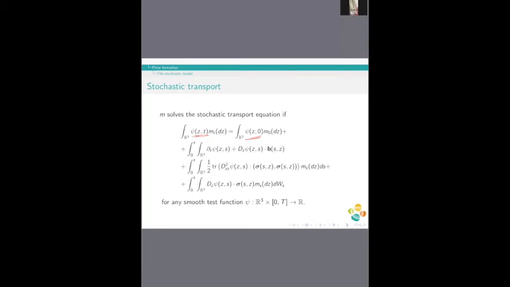And you see that now this is a perfectly well-defined integral identity, where the last term is an Itô integral. So it's a stochastic integral, not the standard integral. But there is nothing particularly mysterious about the meaning, as long as you understand these equations in the weak form.